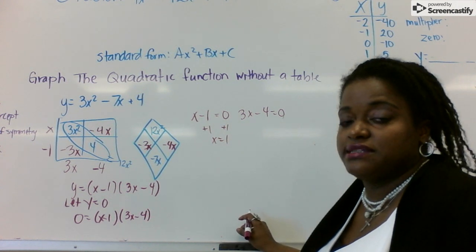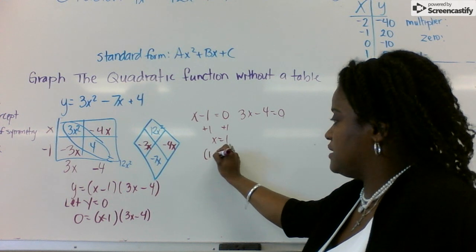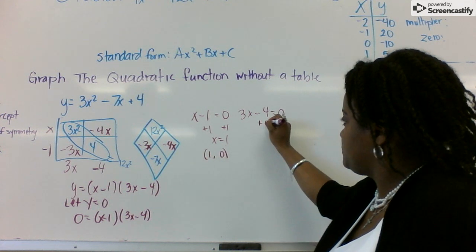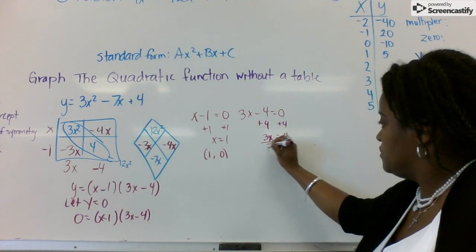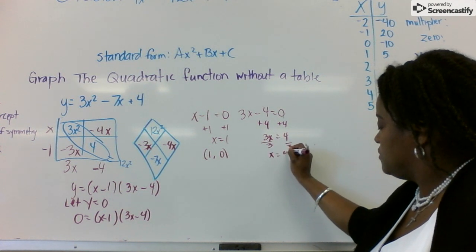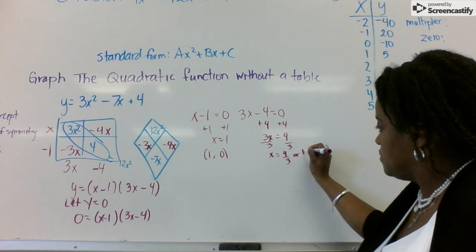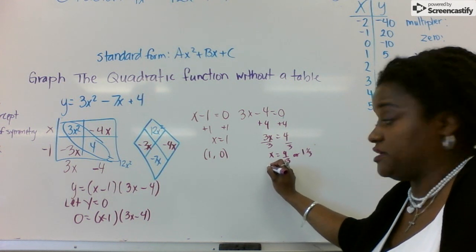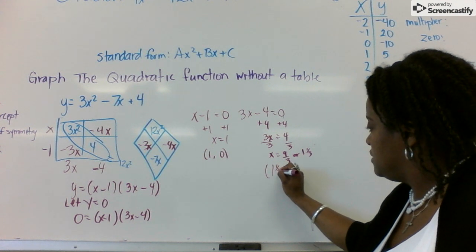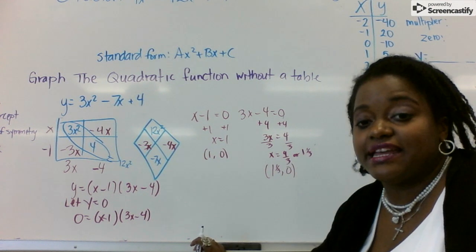So x equals 1, that's your first x-intercept. And then x equals 1 1/3, or 4/3. That is your second x-intercept.